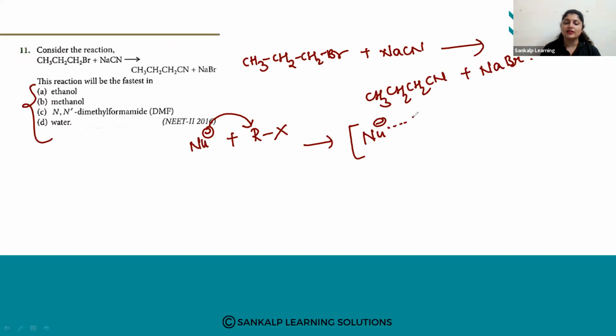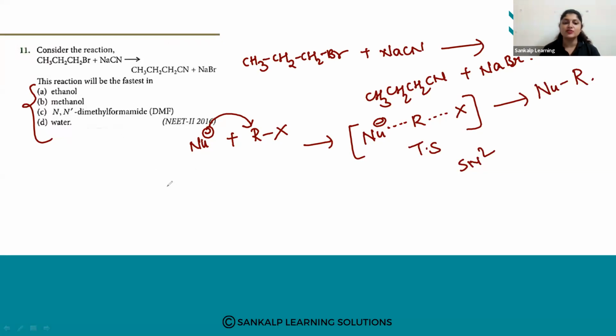The leaving group departs and the nucleophile attacks, with breaking and making of bonds taking place simultaneously, giving the product we have obtained.